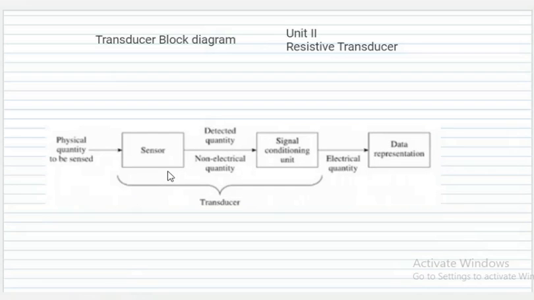In brackets, write down the different possible intermediate forms: change in R, change in L, change in C, or some non-electrical quantity. You can close the bracket.